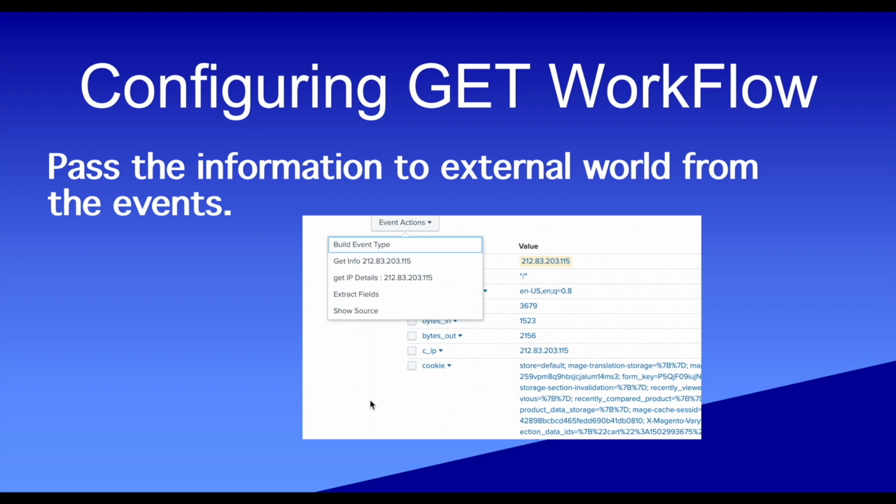So to configure it, we need to pass the information to the external world from the event. This specific source IP, we have passed and used it, and in the event action it will look like get info and whatever. These are two I have created for demo purposes. One more I have created.